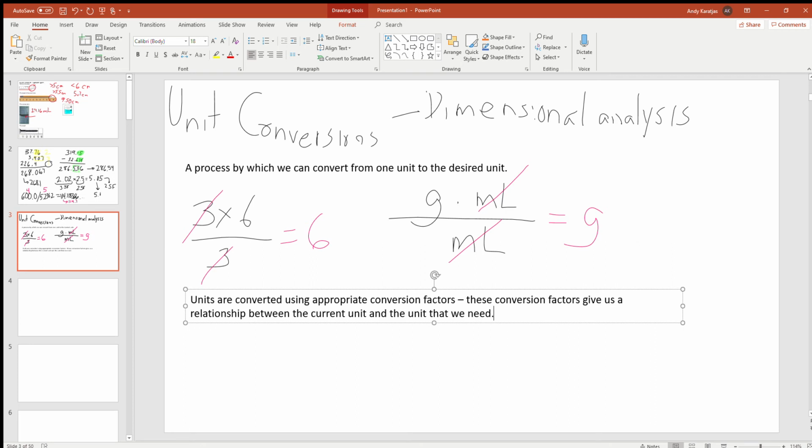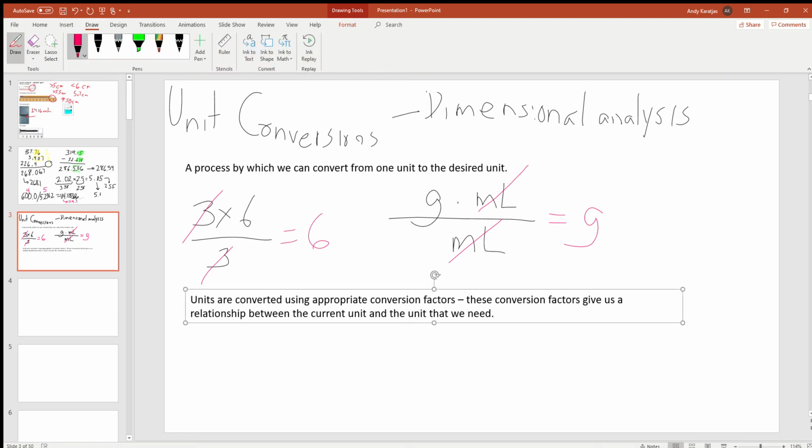Now, why can we do this? Well, let's consider a situation where we're converting from milliliters to liters. We know that 1 liter is equivalent to 1,000 milliliters.